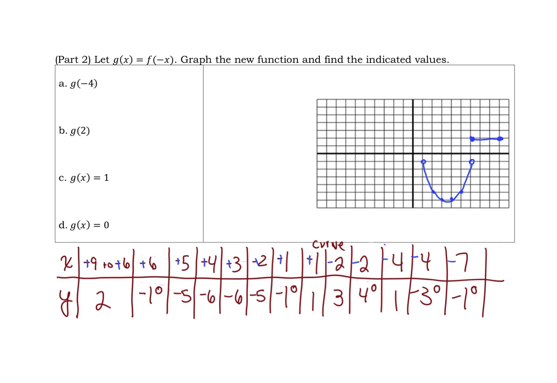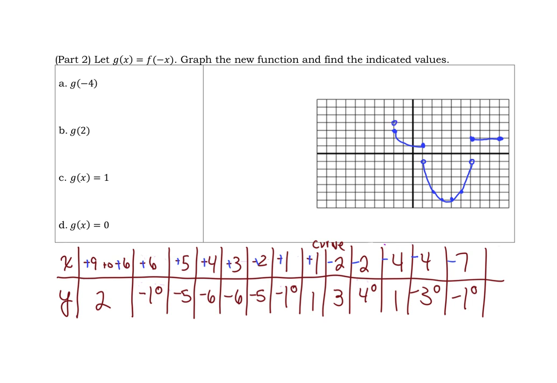And now at 1, I'm going to 1, and that's a closed circle. At -2, I'm going to 3. And that's going to be the curve. They don't have to be exact, so I'm just making it as it is. And then at -2, I'm at 4, and that's an open circle.